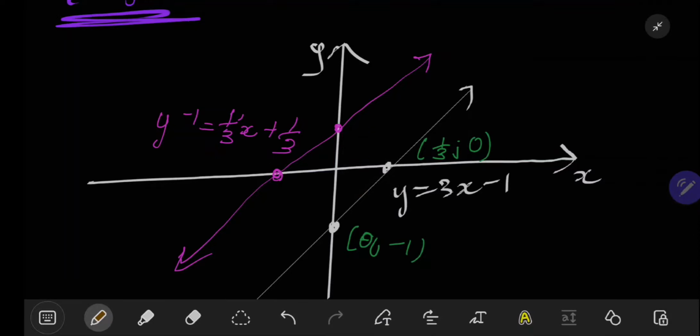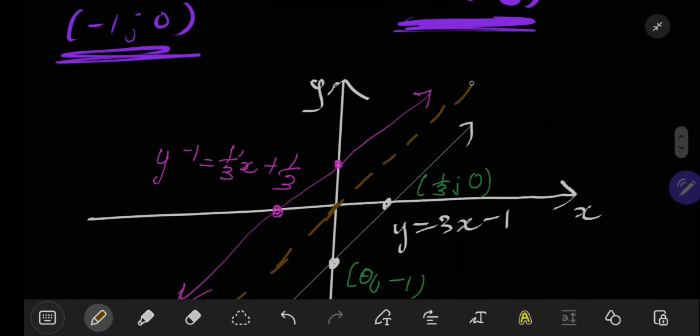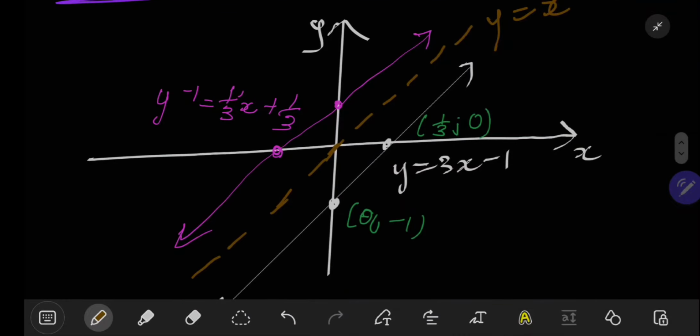Remember, our line y is equal to x passes here. So this is our line y is equal to x. So this is the reflection, the mirror image of this graph. You can see how it was reflected about this line. The x-intercept became the y-intercept, the y-intercept became the x-intercept. So this is basically the reflection of our graph.